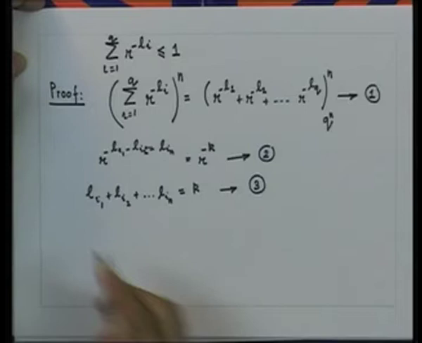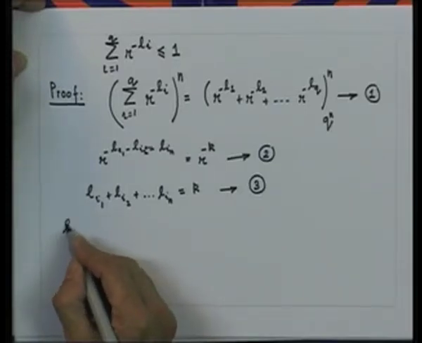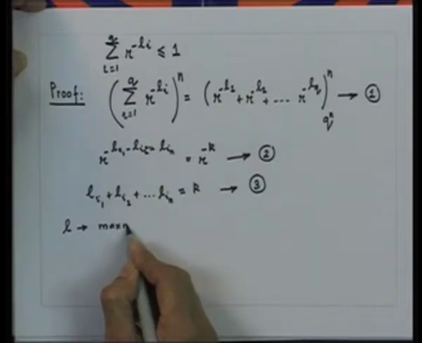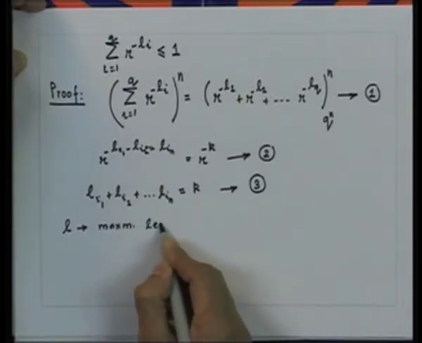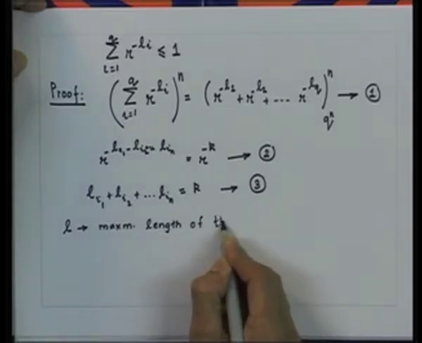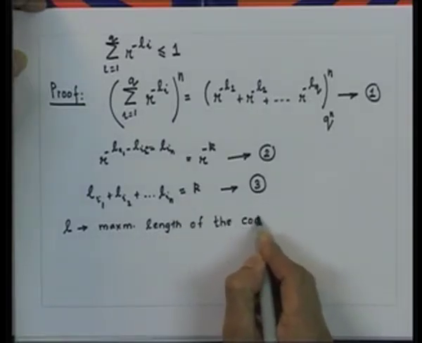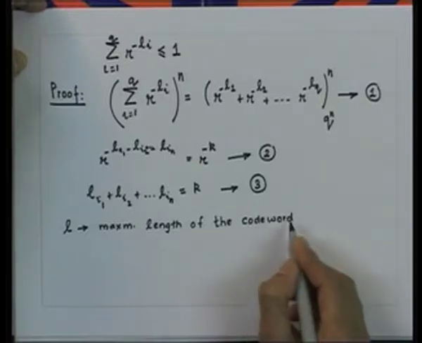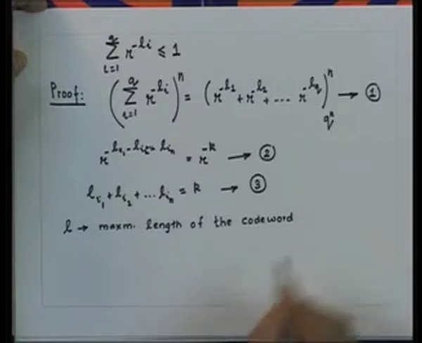Now, let me assume that L is the maximum length of the code word in that uniquely decodable code. Right?